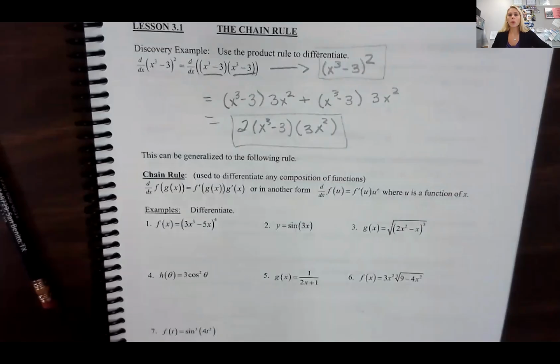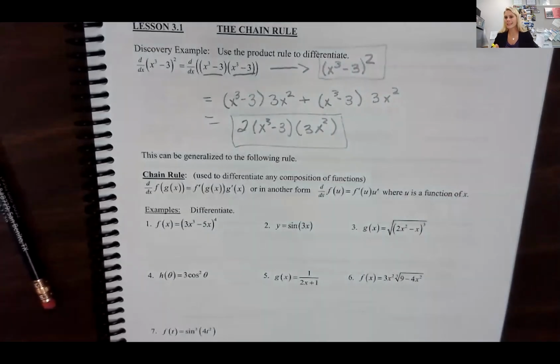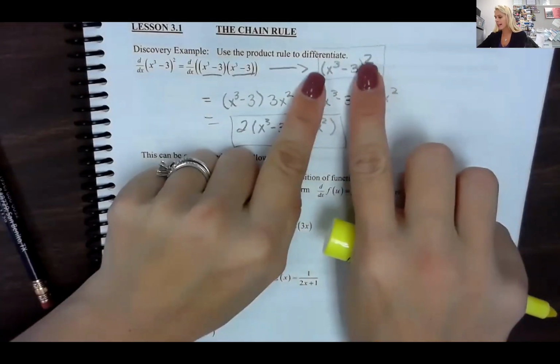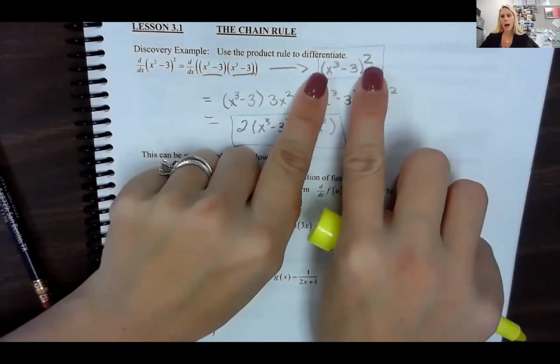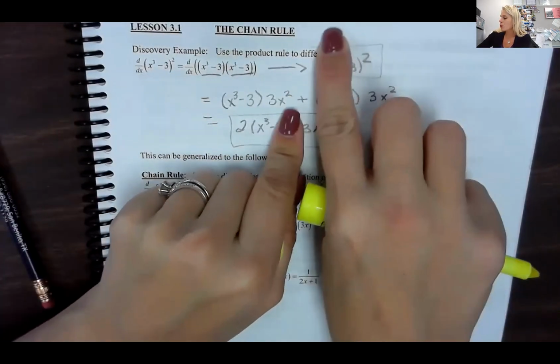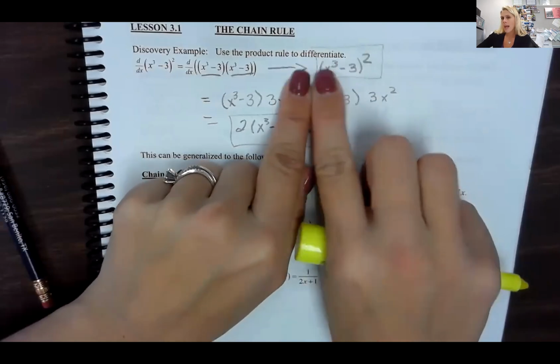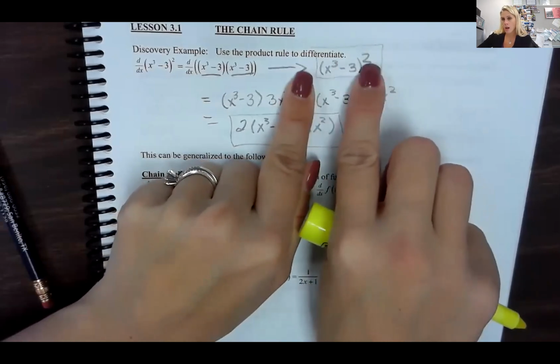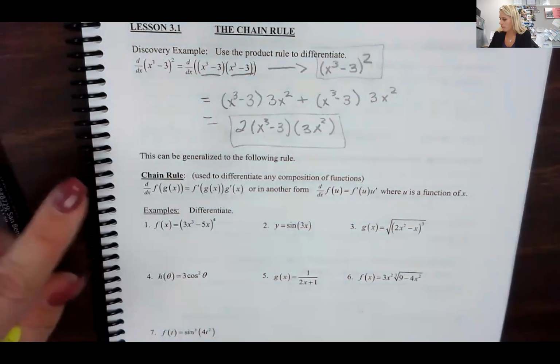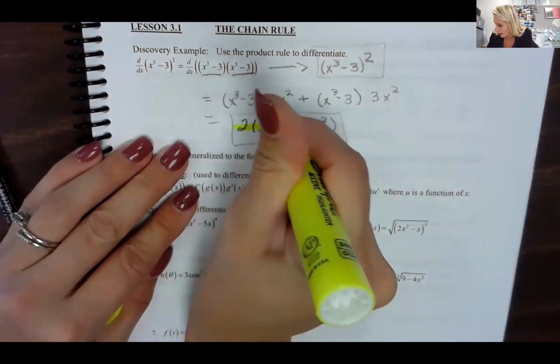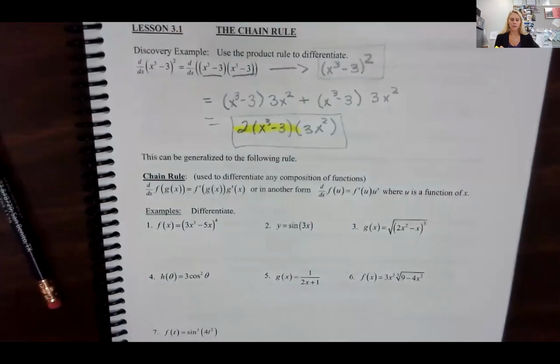Well, if you look, the outside, remember the dolls, right? The big doll, the outside is squared, and that's a power rule. So we bring the 2 in front and then subtract 1 from the exponent. And that's where we would get this part of the equation, our derivative.